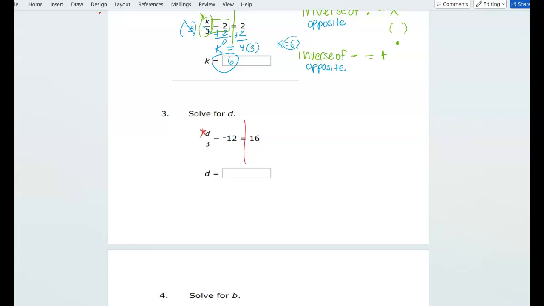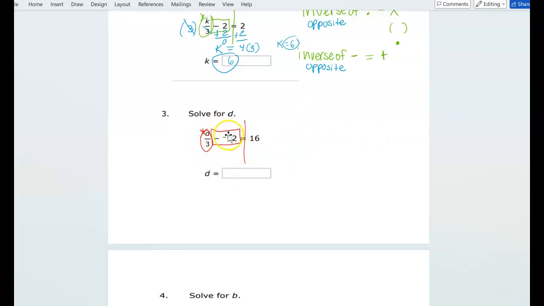We are going to box in the subtraction sign and the 12. We're going to box both of those things in, and we're going to circle the number and the variable and the operation, which we are dividing.